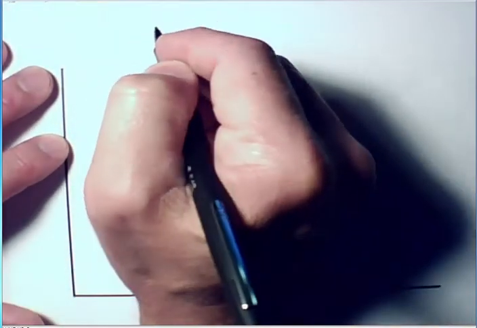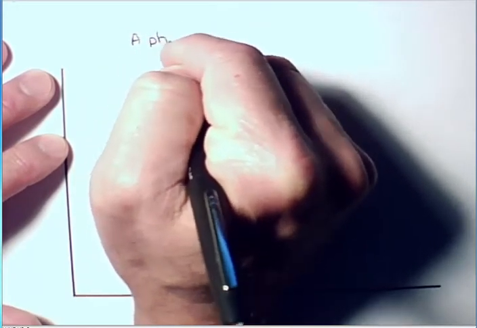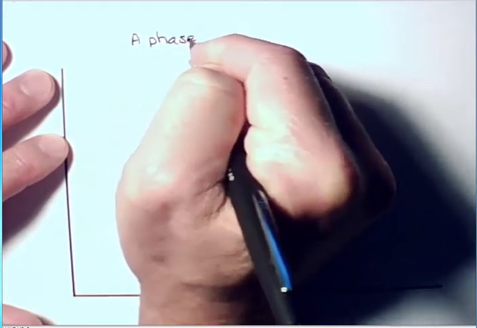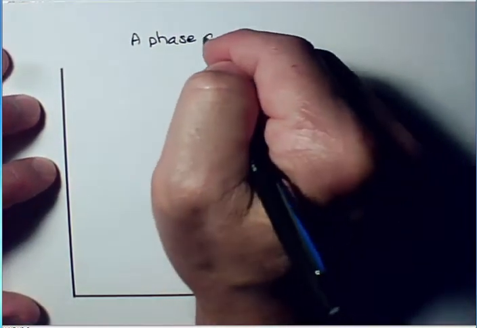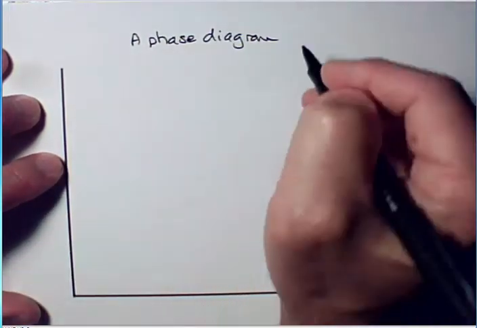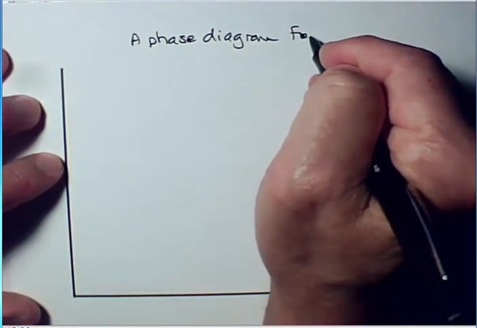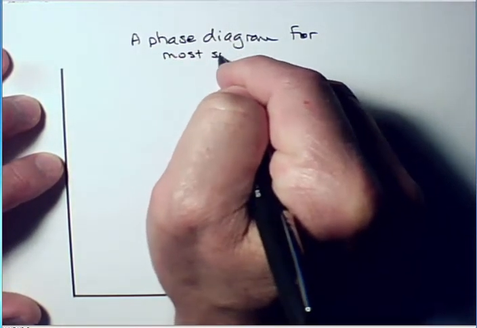And so we're going to call this a phase diagram, because we're talking about phases of matter. Different phases, solid, liquid, and gas. A phase diagram for most substances.